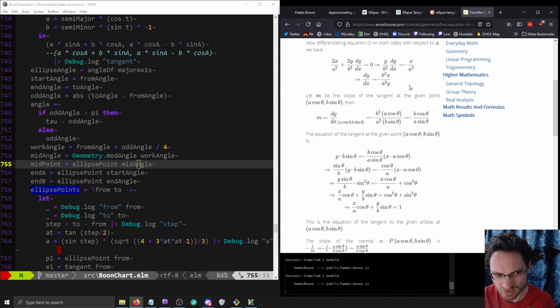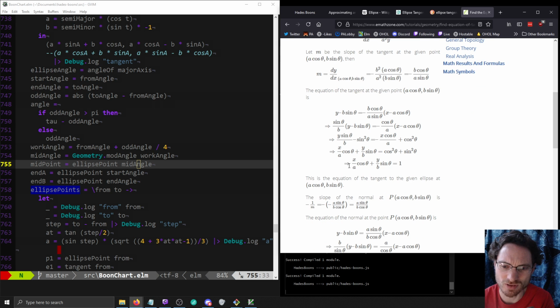I need to translate a slope back into something. Well, here's this equals 1. I basically need this in a vector form.